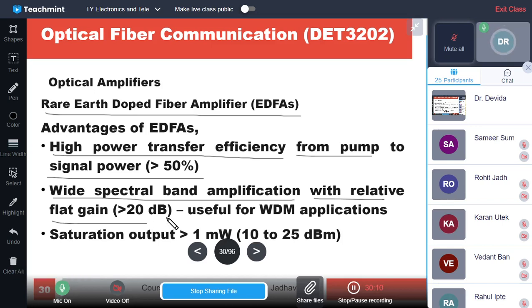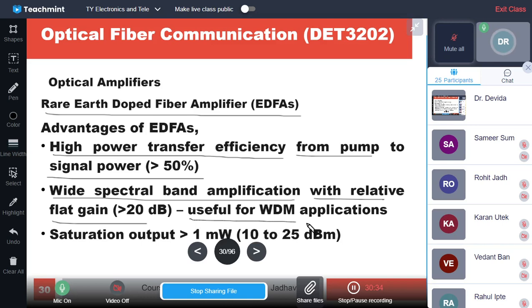So for the complete spectral band, a relatively flat gain is there. That is important. The same gain should be there from the first wavelength to the last wavelength in the bandwidth. So relatively flat gain is provided for very wide spectral amplification.